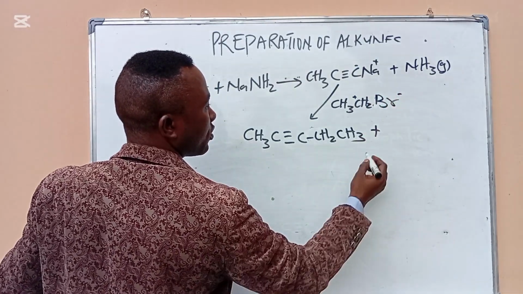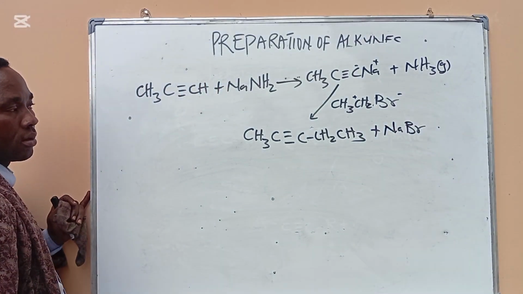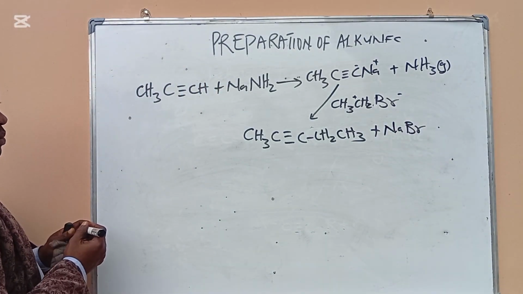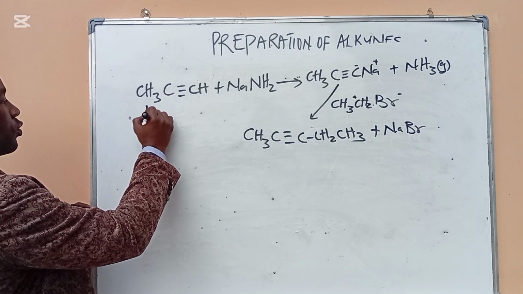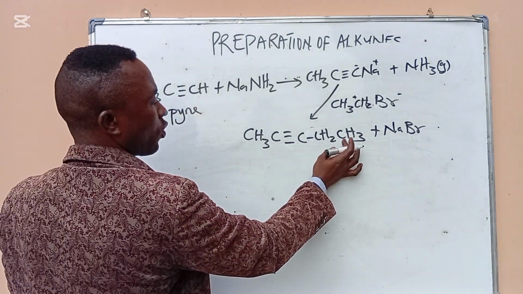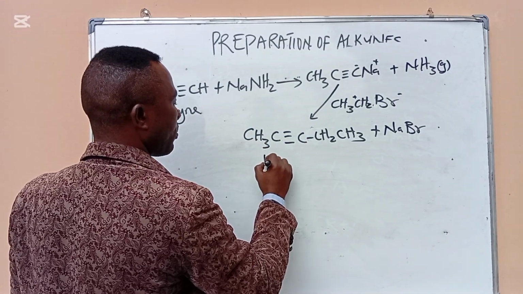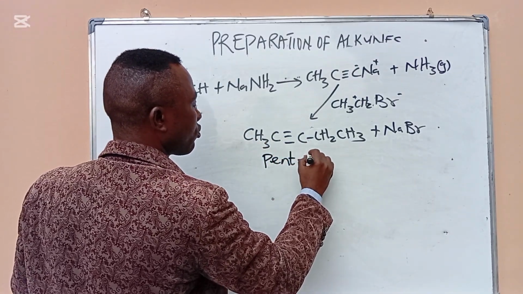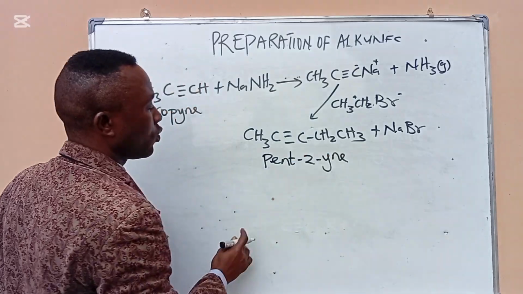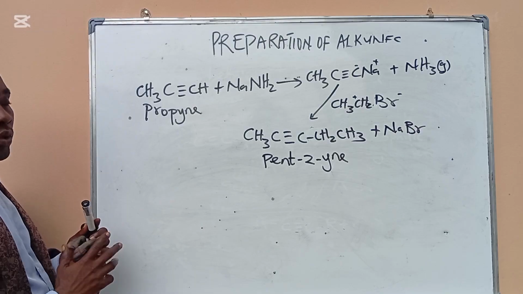We started with propyne, and what we now have is 1, 2, 3, 4, 5, pent-2-yne, which has a longer carbon chain than the terminal alkyne we began with.